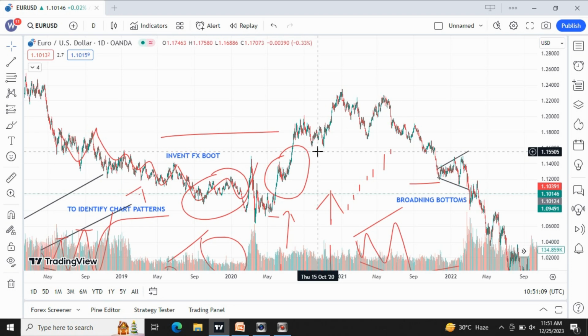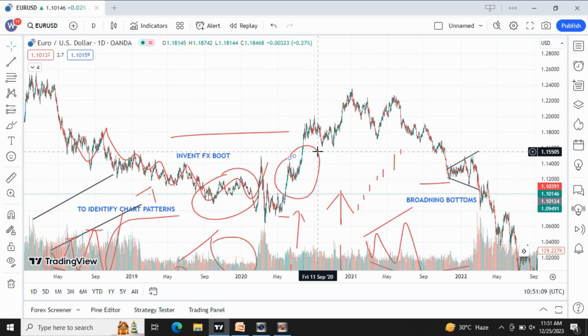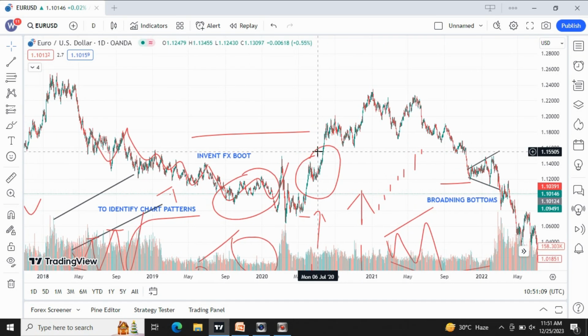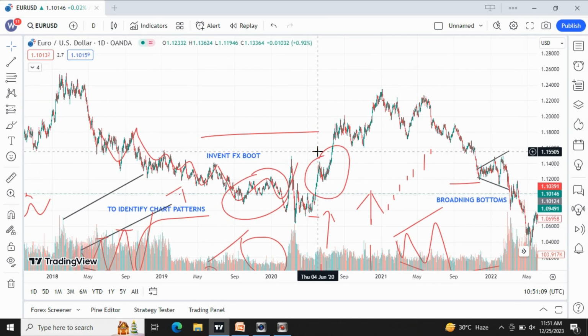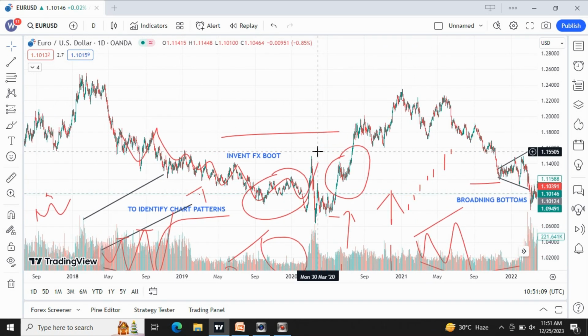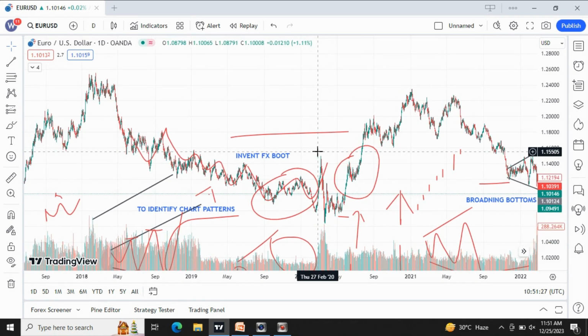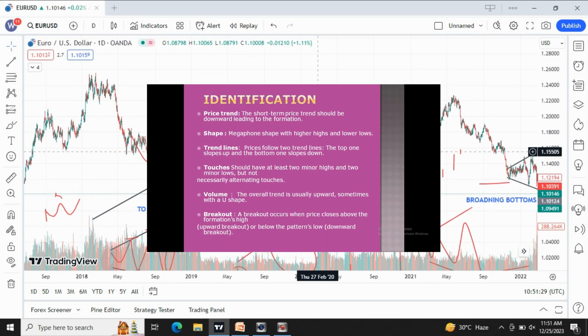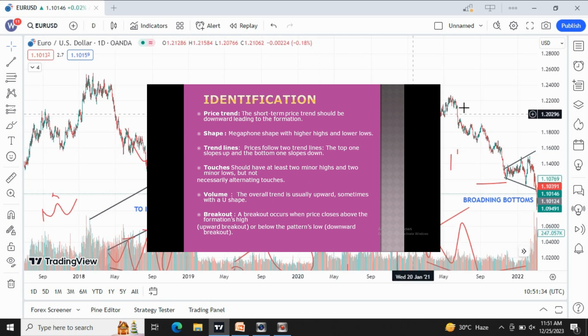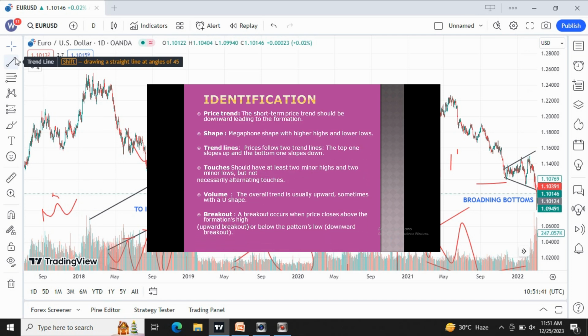We're going to talk about breakout in a short while. So let me go again to explain how to identify the broadening bottom. We are going to check price trend, shape, trend line, touches, volume, and breakout.